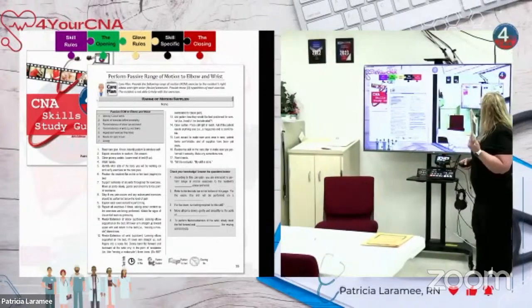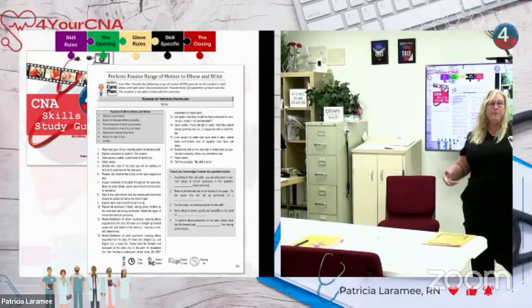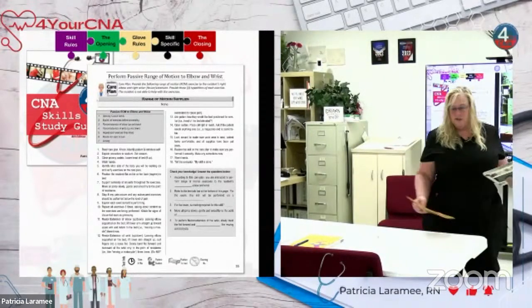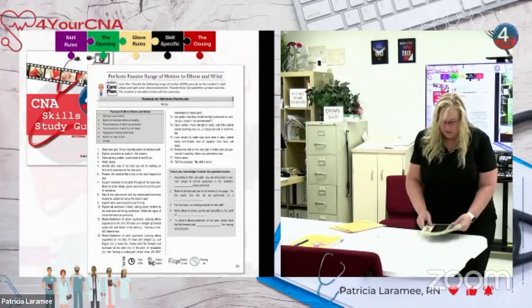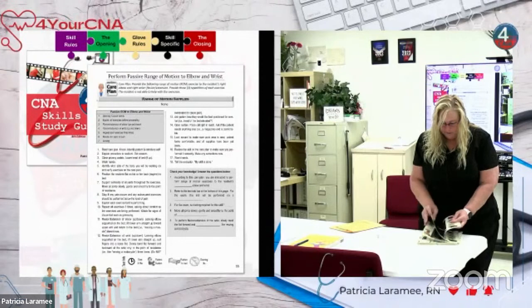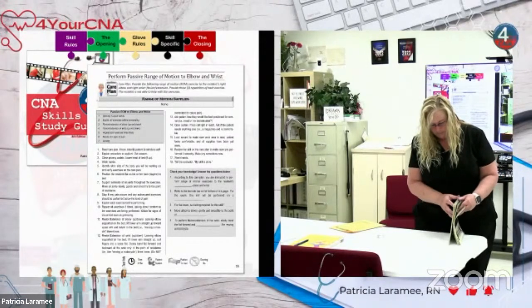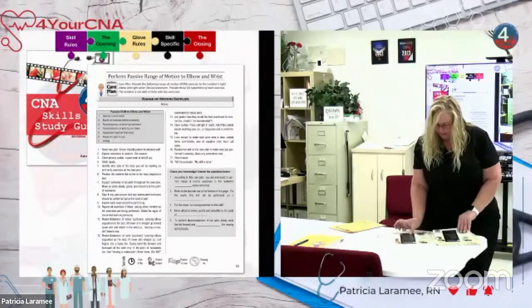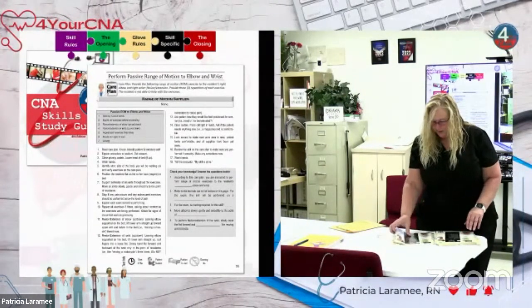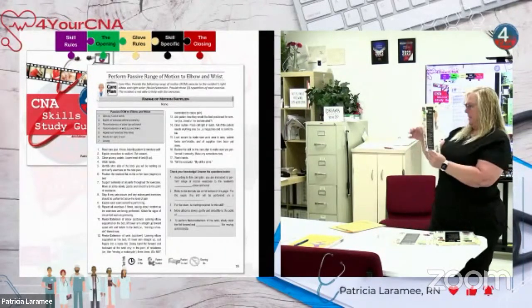Okay, so if I were in here practicing and I was trying to remember how to do something, let's say denture care, I would go through here and look for denture care. Okay, so here's denture care. Along the side here, you guys see this?